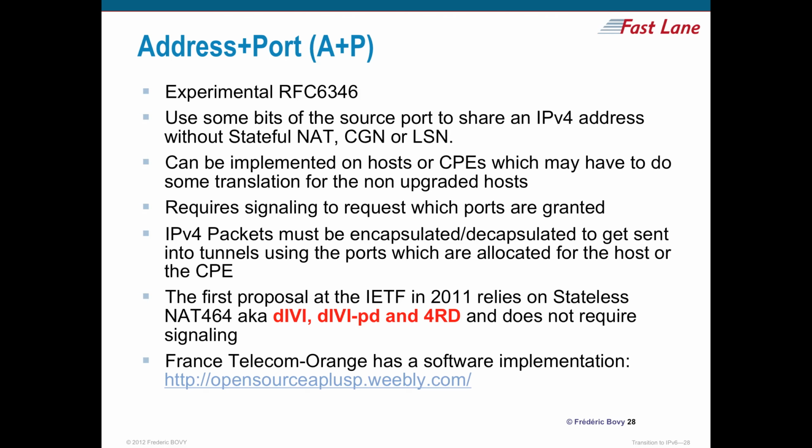For instance, you cannot run a server at home anymore. When you are running simple NAT, it's possible to configure a static translation on your CPE, and then you can run a server at home. With double NAT, it's no longer possible. And there are many problems like this.